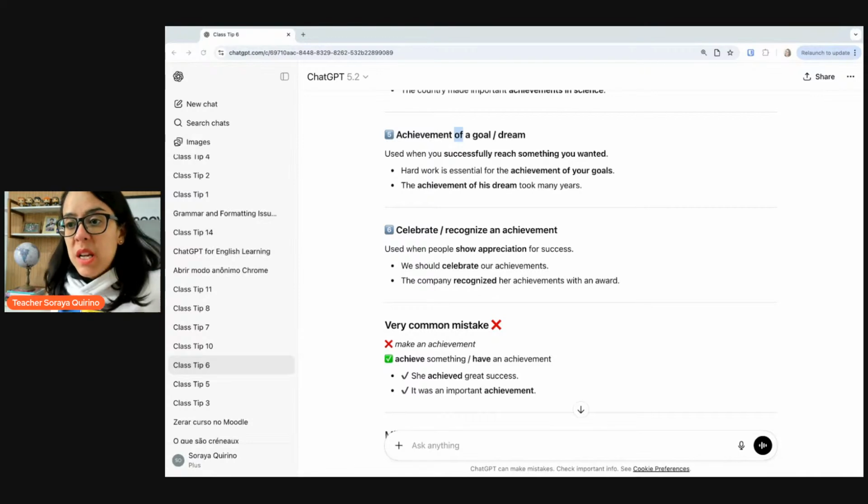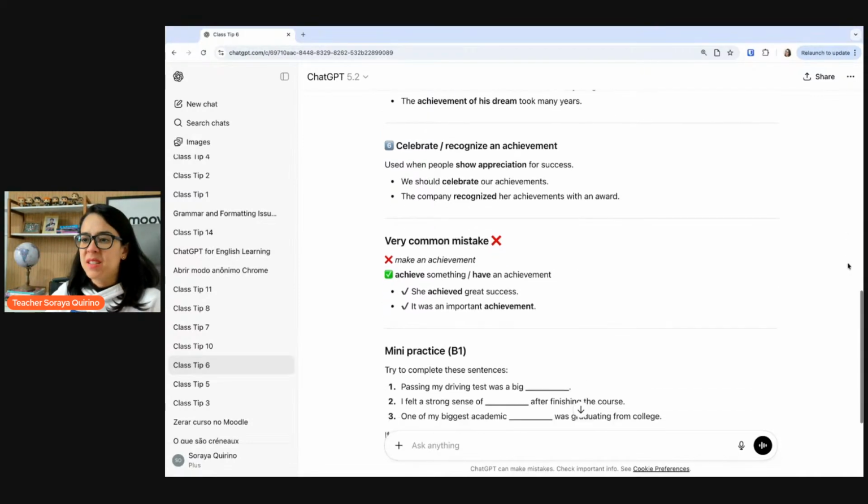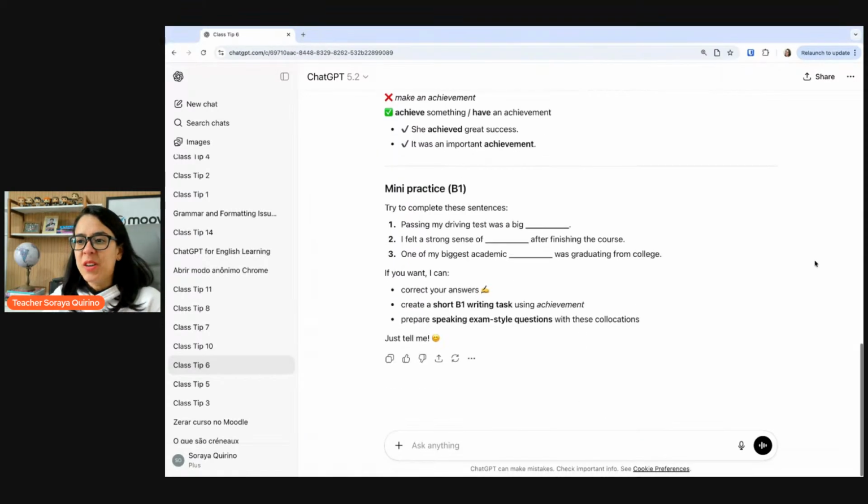So it even shows common mistakes. Make an achievement? No, you don't make an achievement. You achieve something. And then it created an exercise, and you can ask ChatGPT, teach me more collocations with the word achievement and create another exercise. It's amazing.